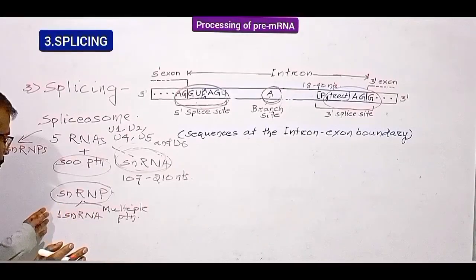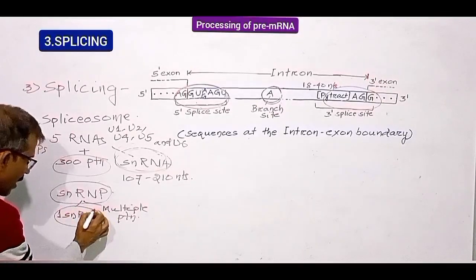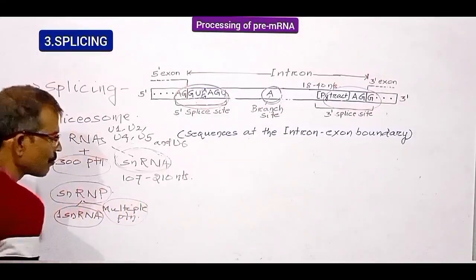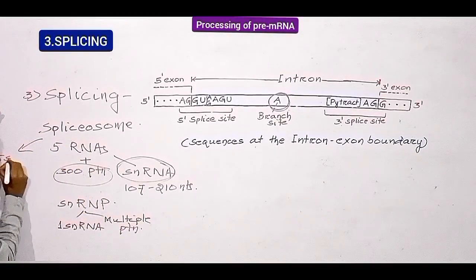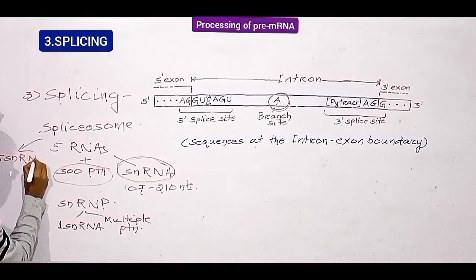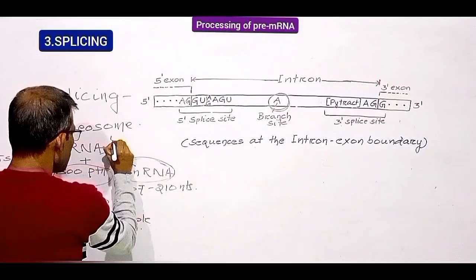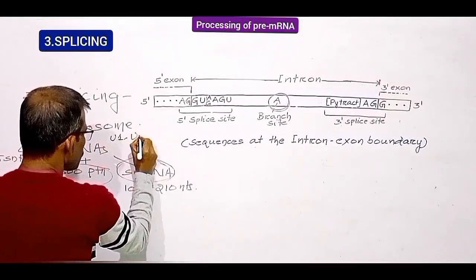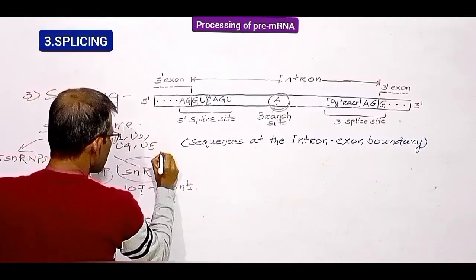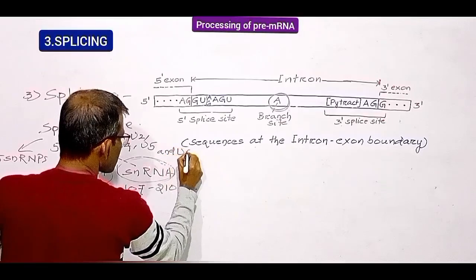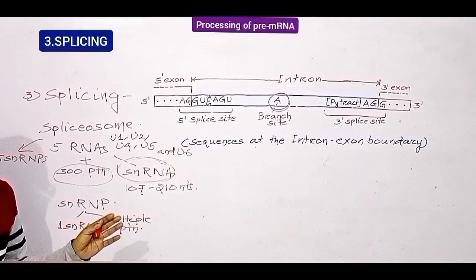Each snRNP consists of one molecule of snRNA and multiple proteins. The spliceosome is composed of 5 small nuclear ribonucleoprotein particles, which are designated as U1, U2, U4, U5 and U6. Some proteins are not associated with an snRNA.